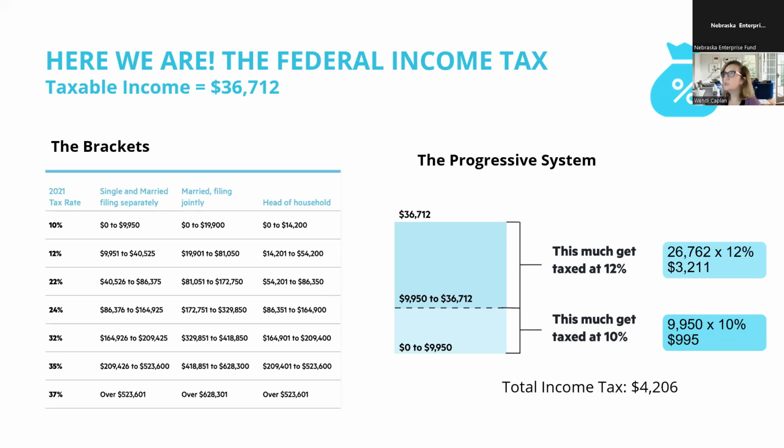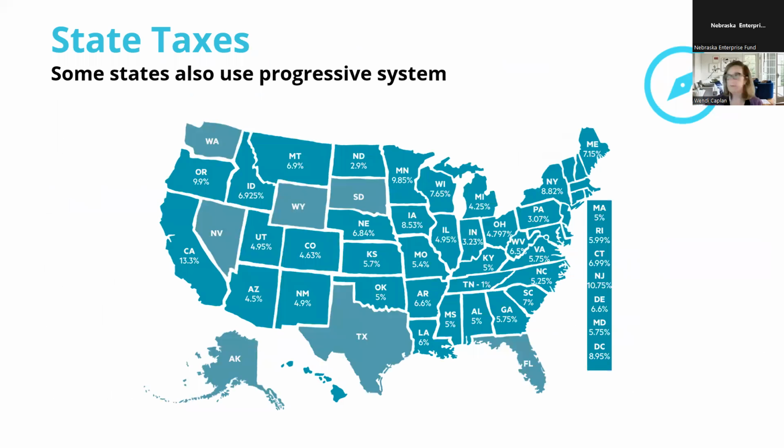In this case, the $36,000 broke down so that $26,762 fell in the bracket that was taxed at 12%, and then the balance would be taxed at 10%. So our total income tax is $4,200. I'll just let you soak that in for a second. So we owe $4,200 in federal income tax.